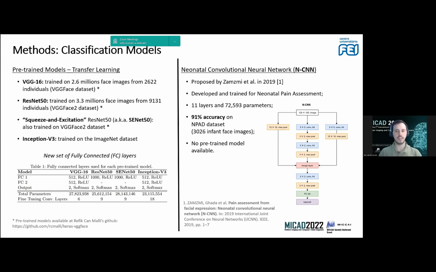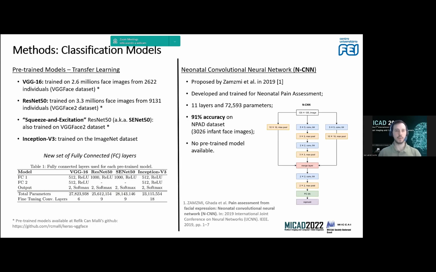Those three CNNs were originally trained for face recognition. We also selected an Inception V3 model trained on the ImageNet dataset, since we haven't found a version trained for face recognition. For each pre-trained model, we proposed a new set of fully connected layers, as shown in Table 1.